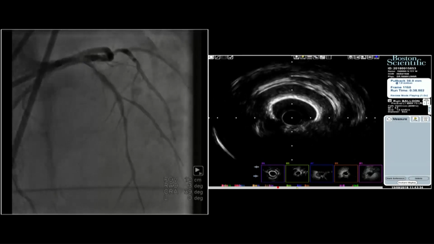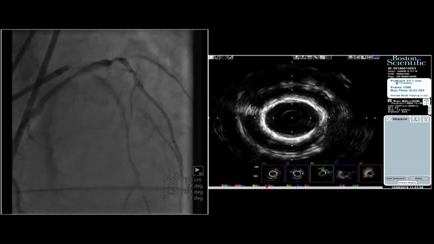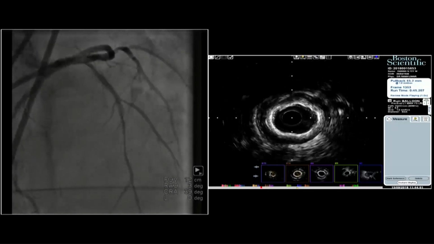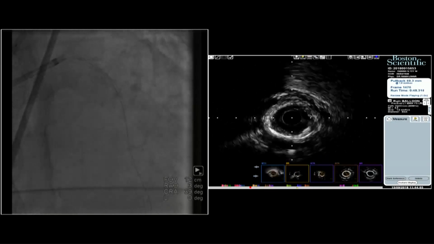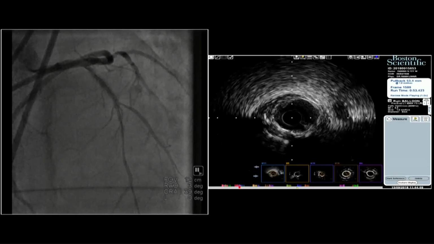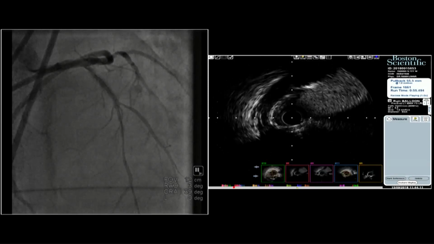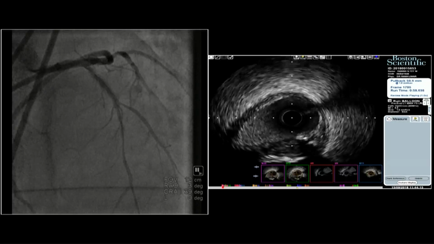Here again there is almost 270 to 360-degree calcium, and this is a reasonably big lumen proximally. We are coming closer to the tightest lesion proximally. This is the LAD ostium, and you can see the distal left main is also diseased.